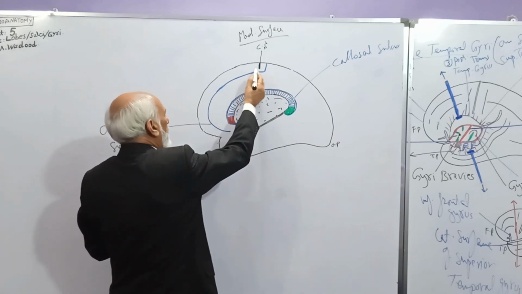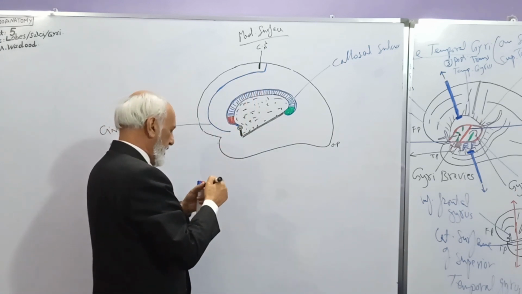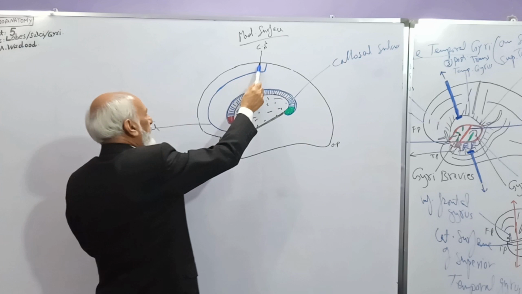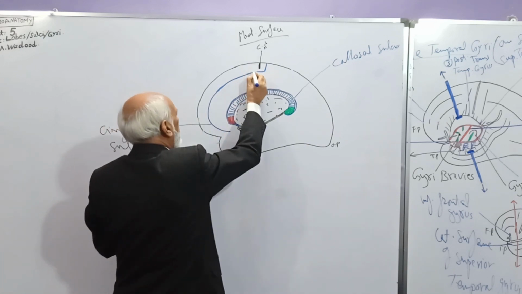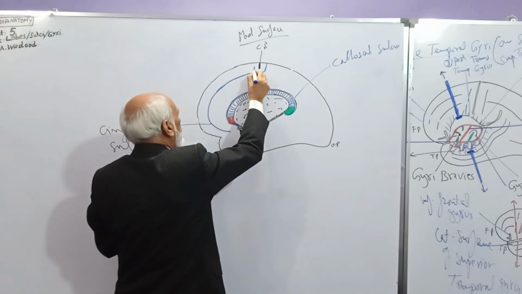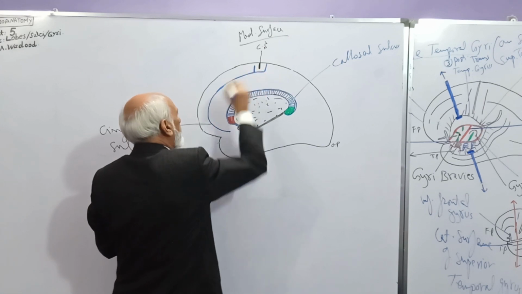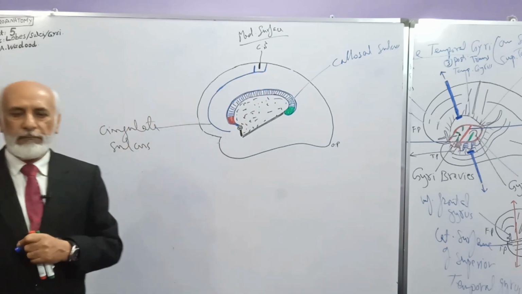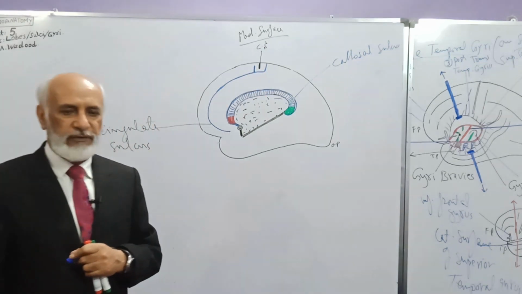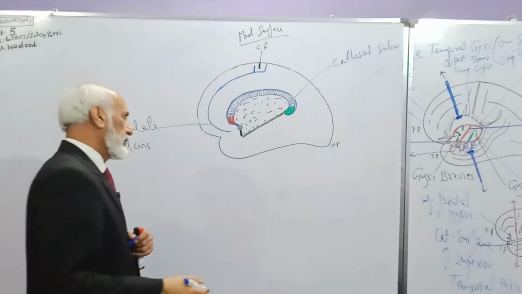Then a little in front of the central sulcus, there is a small sulcus which is unnamed. In some brains it is present, in some it is absent, but no name is given to it.